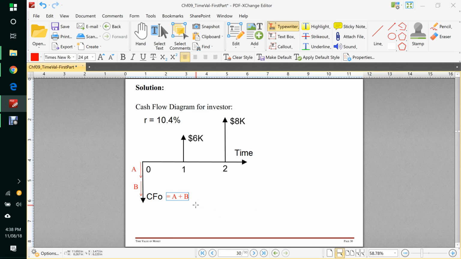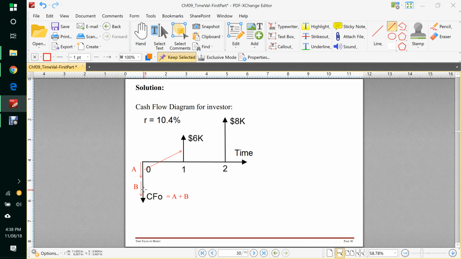Okay, and once we make that simple move, we can say we have a problem where we have an amount of money A growing for 1 year at 10.4% into $6,000.